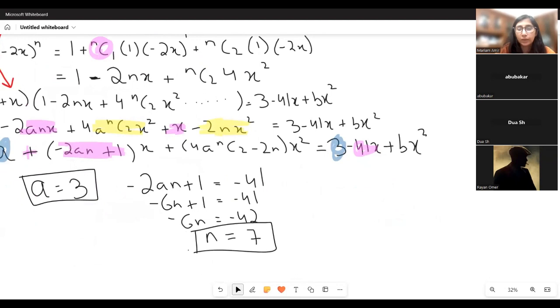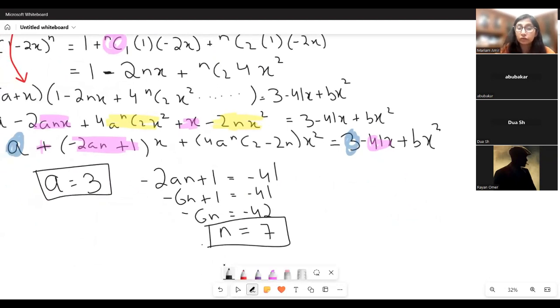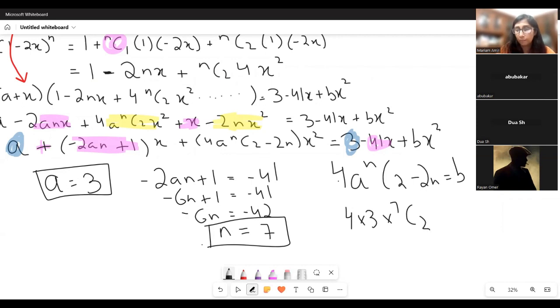As we're doing part A, we need B now. So for B, equate the coefficients of x square on both sides. So that is 4a nc2 minus 2n equals to b. So let's substitute the values of a and n. So 4 times 3 times 7c2 minus 2 times 7. That should be equals to b.